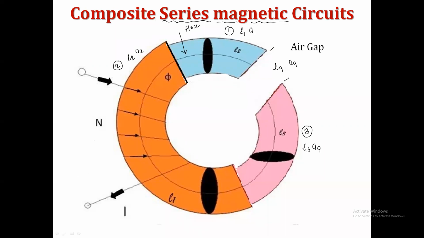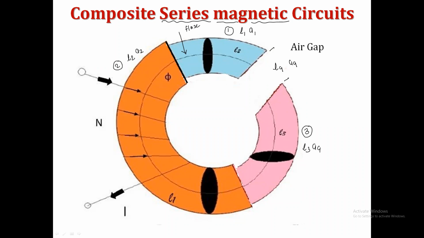Now forget about the leakage concept. Leakage is there, but right now we are discussing the series magnetic circuit concept. When different magnetic materials are connected end to end, so that there is only one path to the flow of magnetic flux, that is called a series magnetic circuit.